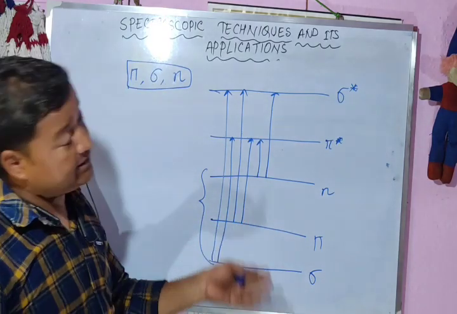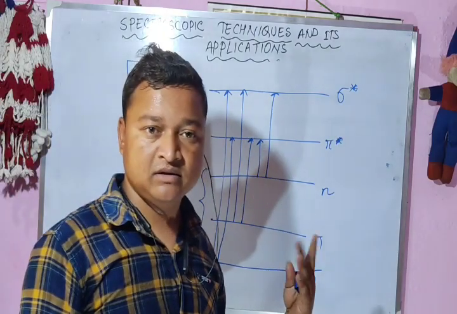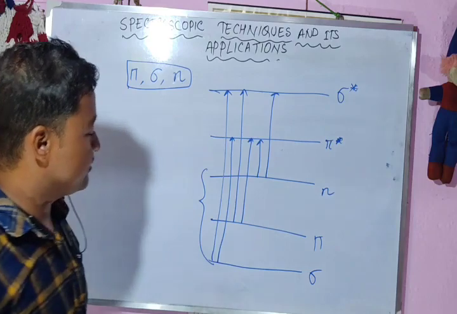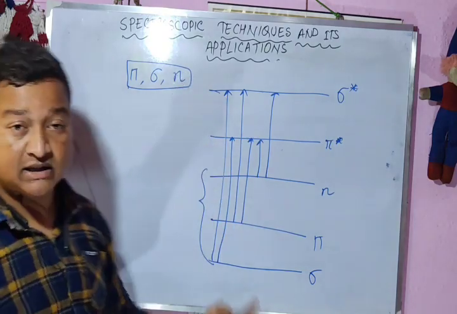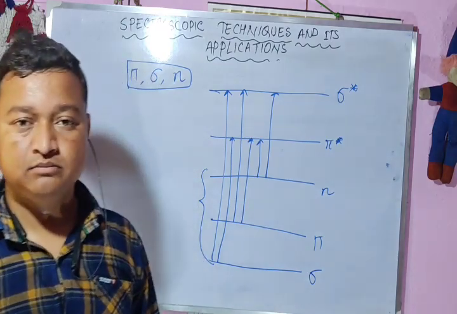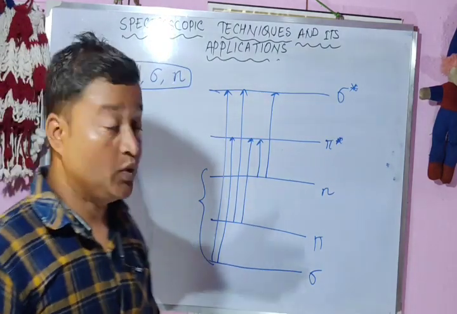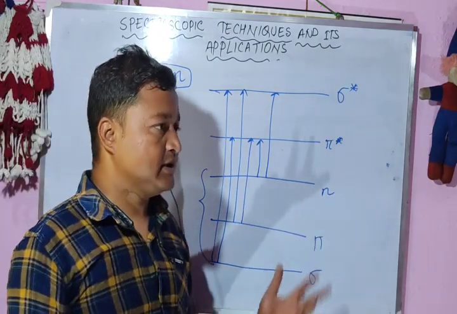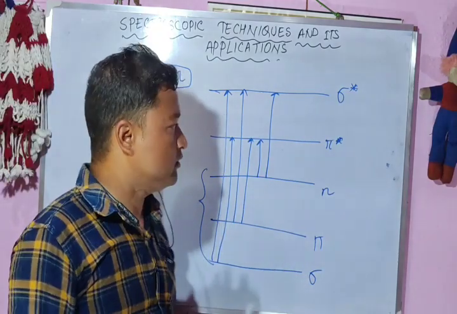We read it in the previous lecture. The selection rules are the symmetry selection rule, spin selection rule and angular momentum selection rule. Which transitions are allowed and which are not allowed is explained by the selection rules.